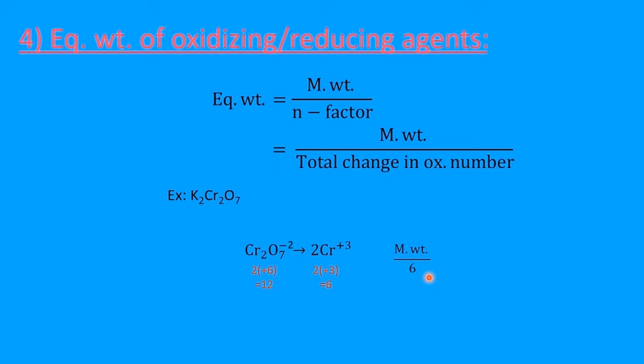Here the valence factor is 6, so normality is equal to molarity into 6 in the case of potassium dichromate. Whereas in the case of potassium permanganate, the N factor values are 5, 1, 3. Just remember 5, 1, 3. Normality is equal to molarity into 5, in the next case molarity into 1, and next molarity into 3. 5, 1, 3. Here 6 is the N factor. Clear?